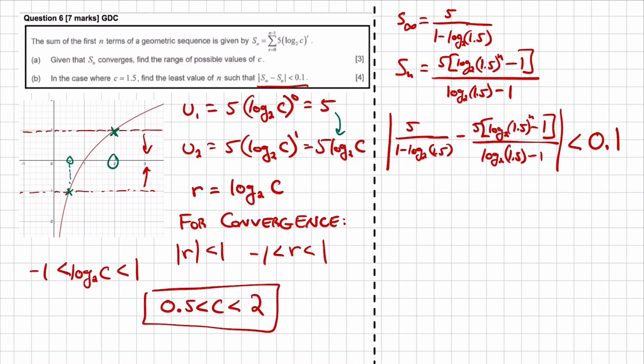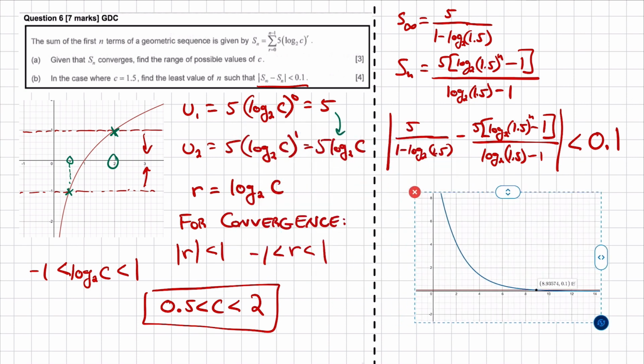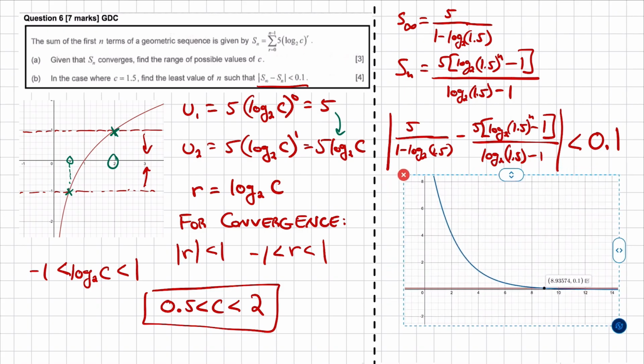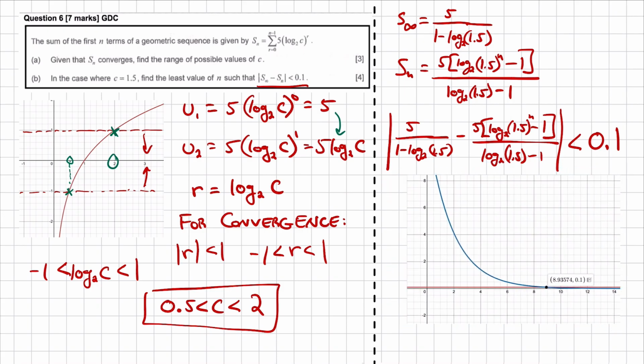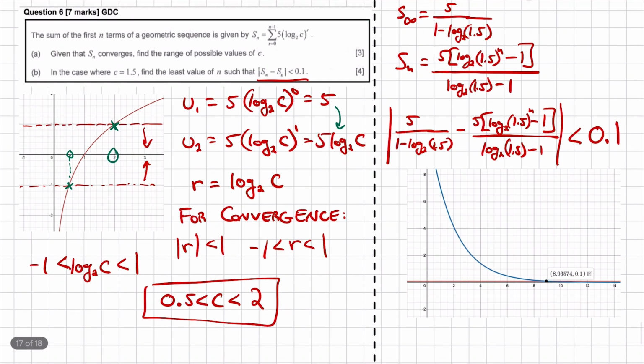So to go ahead and solve this, you could use nsolve. However, it's probably going to be a little bit nicer if we were to graph it. And so if I go ahead and graph this in my GDC, we can see that my blue line here is my inequality, so this is the left-hand side of my inequality.